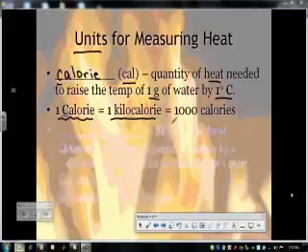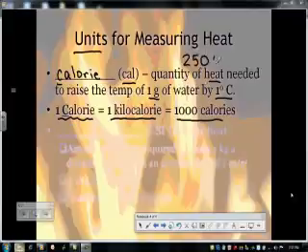They'll mix them up and put lowercase or uppercase either one. But always on a food label, they mean 1,000 calories. So I need to be very careful. Right. If you eat a Snickers bar that has 250 calories in it, that's really kilocalories. We've got to add 3 more zeros.